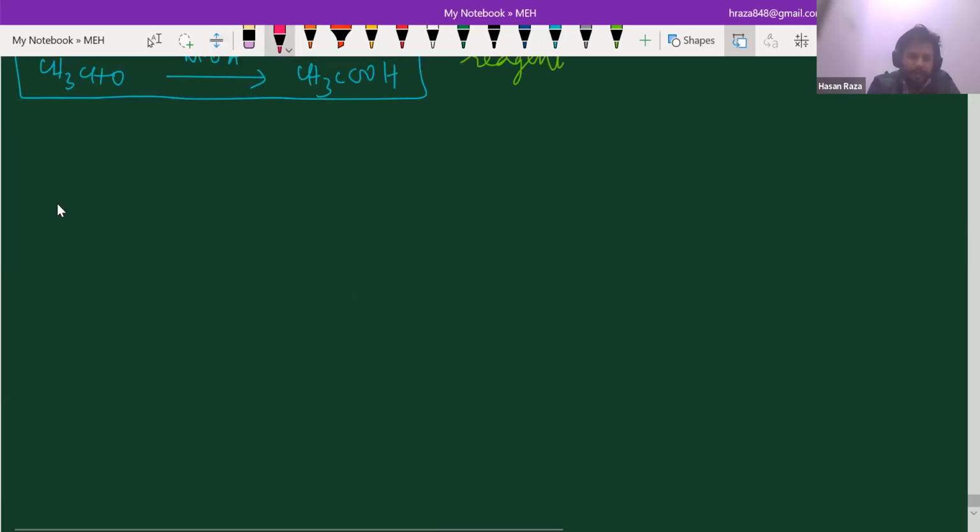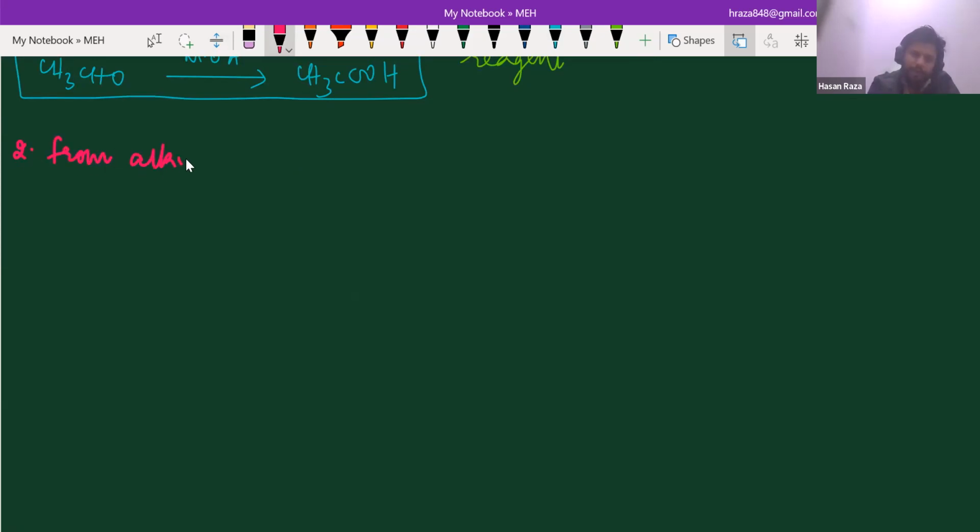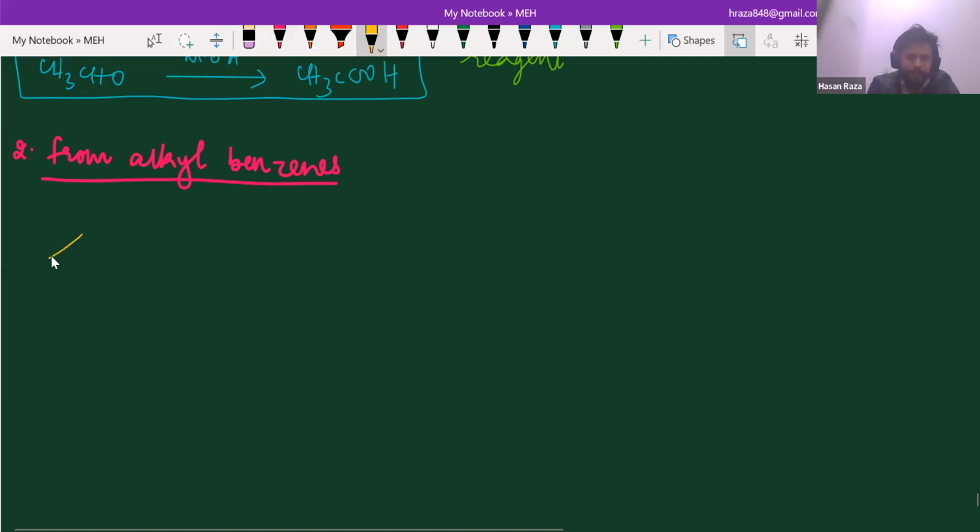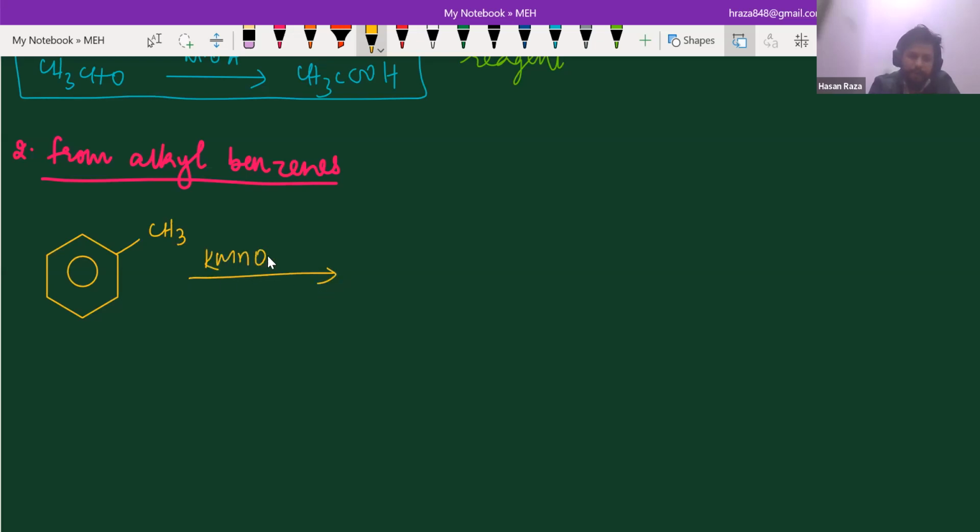Now see, the second preparation is from alkyl benzenes. It's very easy. If you have alkyl benzene, that means benzene is there, and also there is an alkyl group like CH3. And if you are going to use KMnO4, potassium permanganate, which is alkaline, that is KOH, and then heat it, then this will be oxidized.